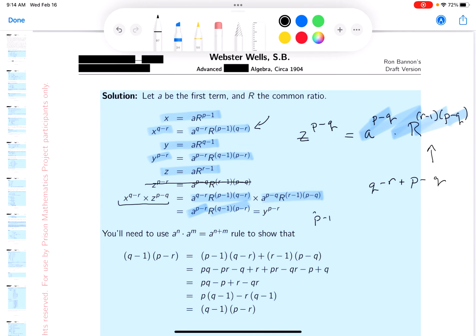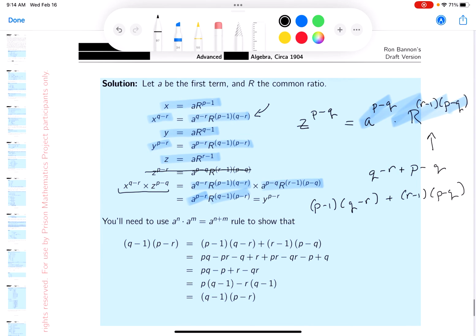P minus 1, Q minus R, plus R minus 1, and then it's going to be P minus Q. Wow. Well, I want to point out, I do see that written down.